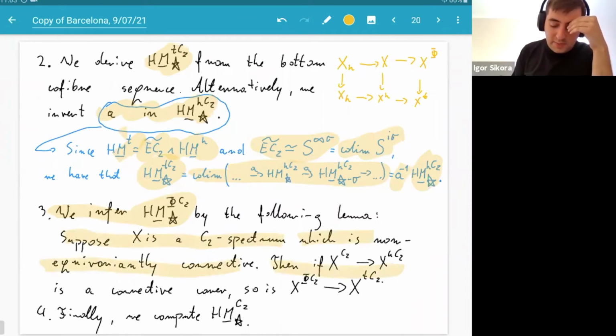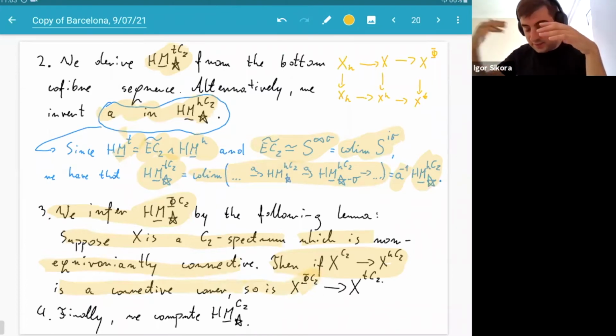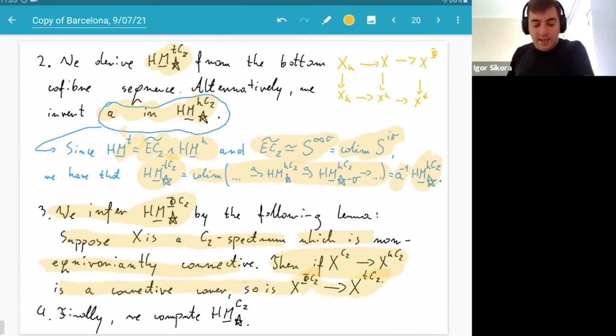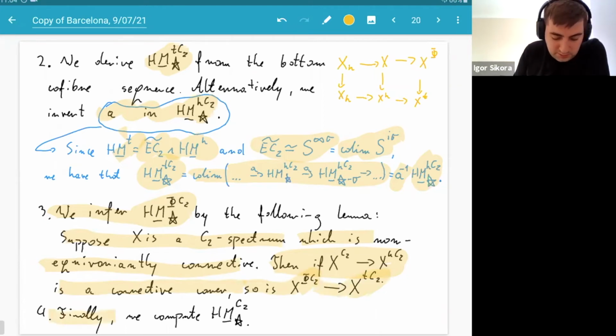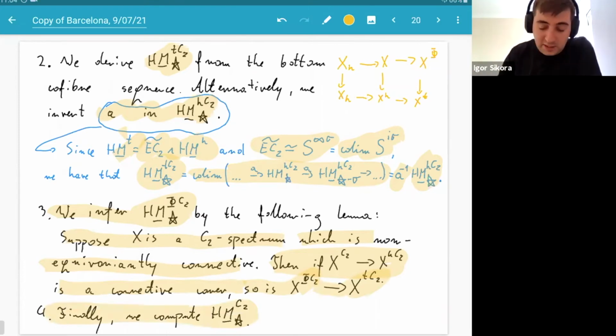Then if the map between categorical fixed points from X C2 to the C2 fixed points of its Borel completion is a connective cover, then so is the map from X phi, the fixed points of the singular spectrum, to the fixed points of the Tate spectrum. And finally, we will compute the coefficients of our starting Eilenberg-MacLane spectrum.